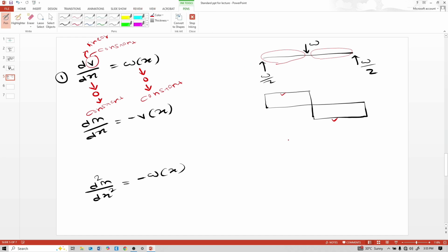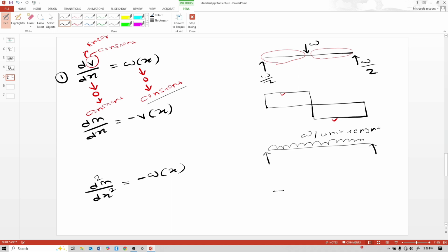See another example. This W is uniformly distributed, constant throughout its length, W per unit length. So see this W is constant.